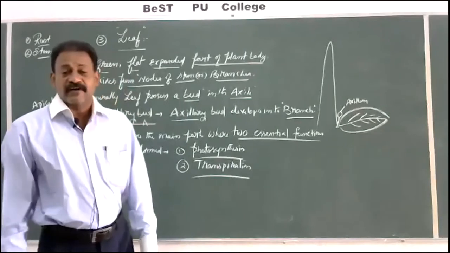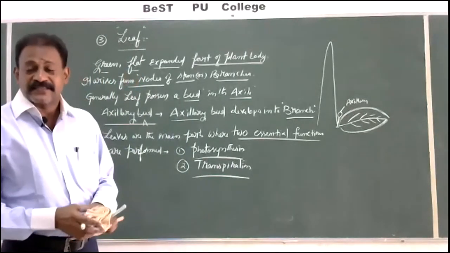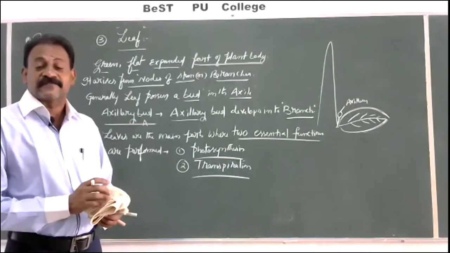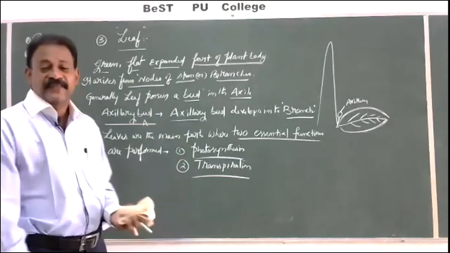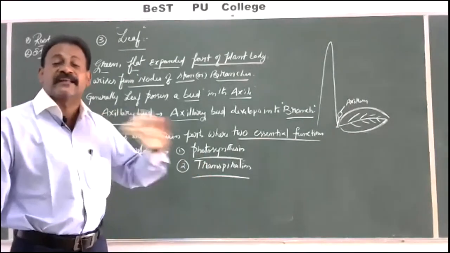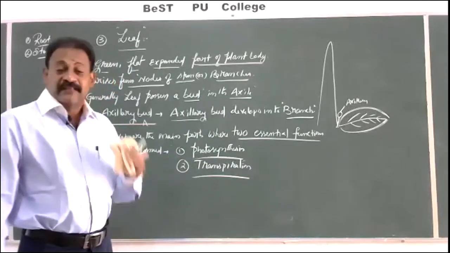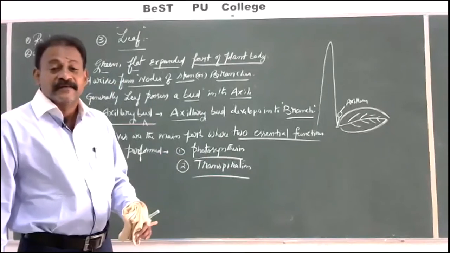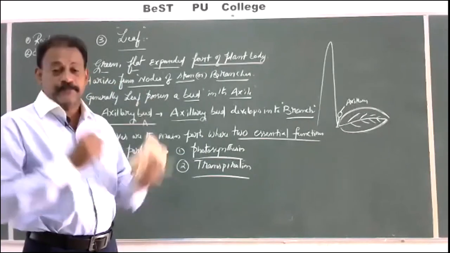So leaves are important. Photosynthesis means the process which is existing on the surface of the earth. Only plants are capable of doing this, with which they will prepare food material, which is the ultimate source of food for every other living organism. And transpiration, the process of evaporation, loss of water in the form of water vapor.